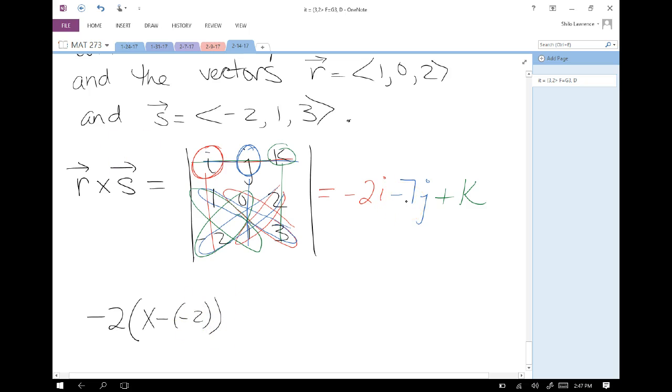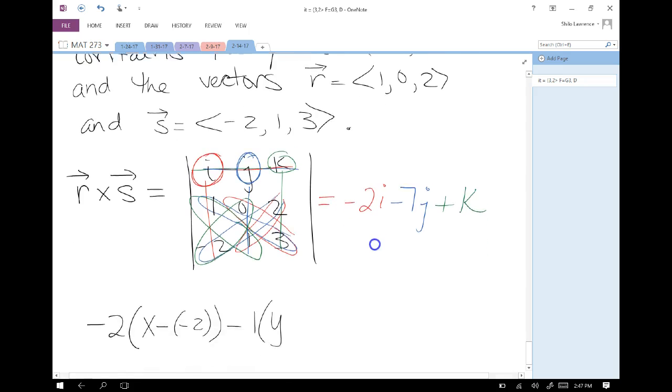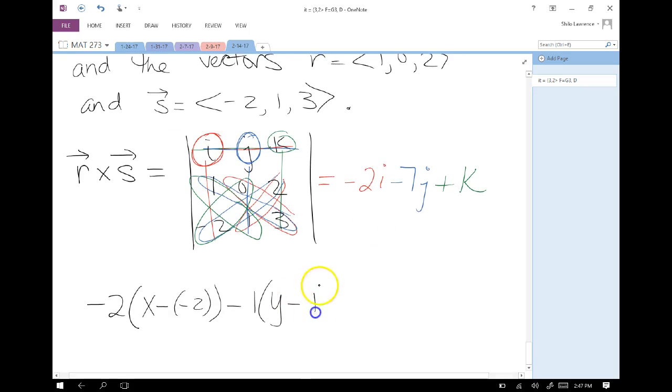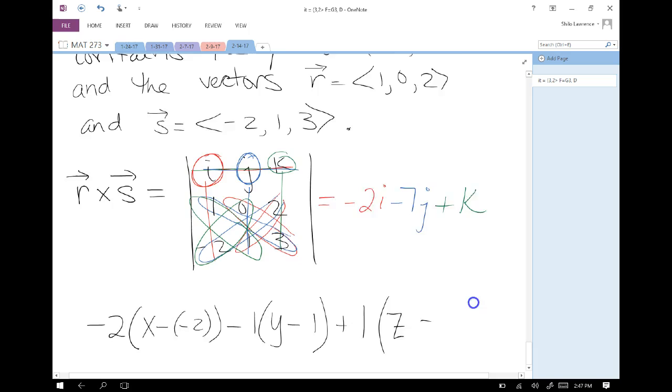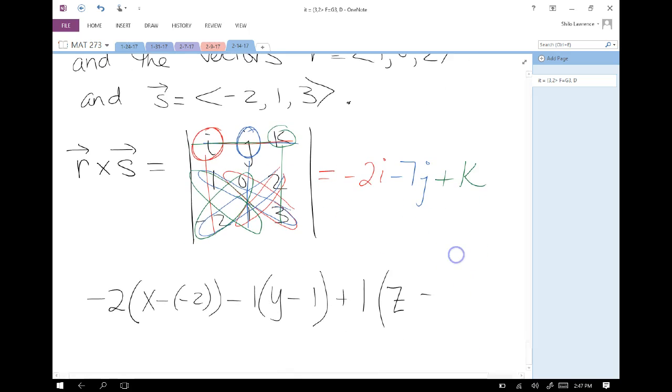The direction number for y is a negative 1, and then y minus your y coordinate, which was 1. And then the direction number for z is 1 times z minus your z coordinate, which is 7.